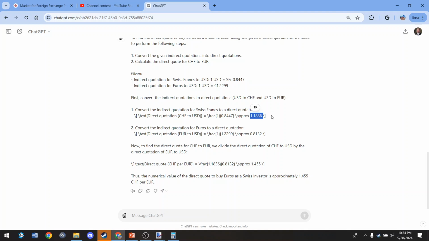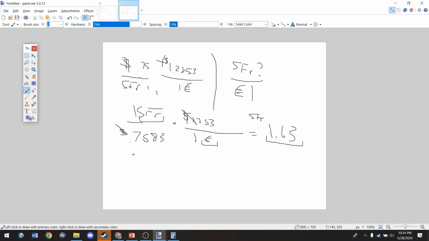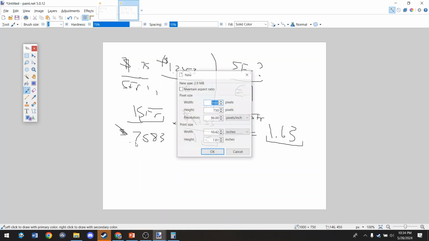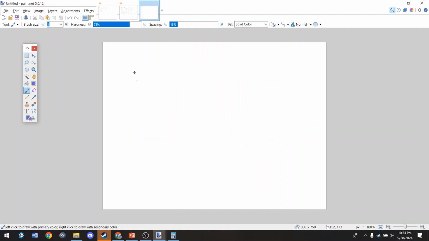It costs $1.18 to buy a franc here in this data. So if I'm taking notes, according to ChatGPT, we have $1.18 to 1 franc. Okay. That's a fact.